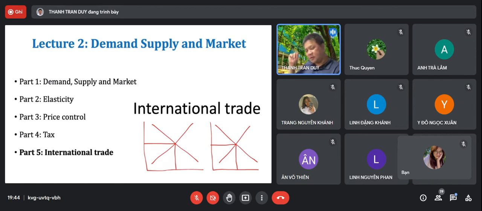Now, what do you think, the sugar made in Vietnam and sugar from Thailand, which one is more expensive? Thai sugar or Vietnam sugar? Which one is more expensive?